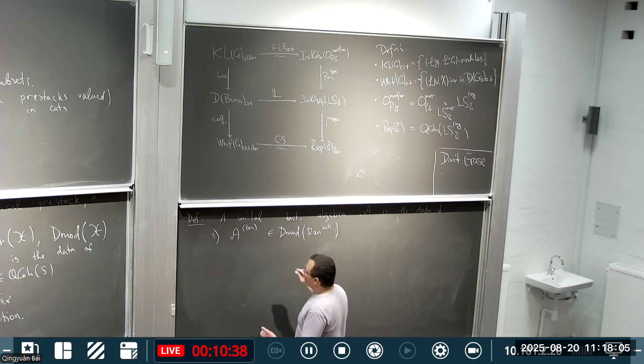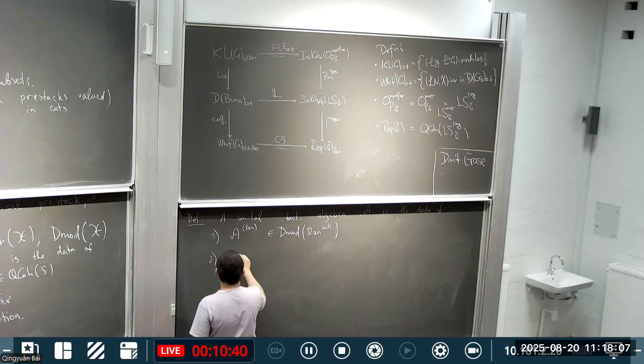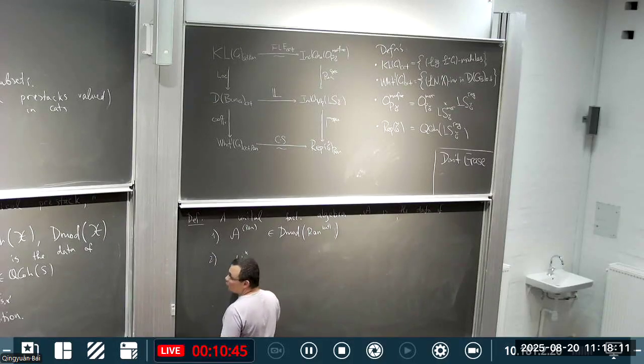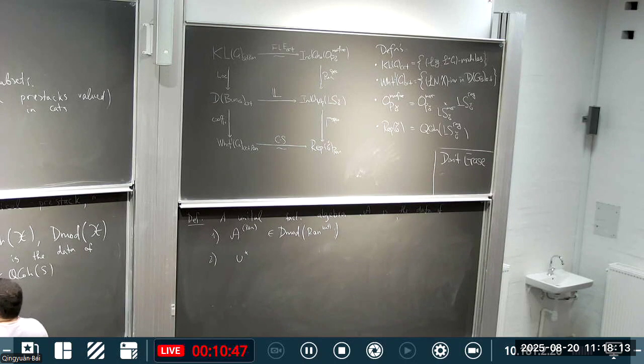So it's a D-module on Ran unital, and also factorization. Maybe I should say, tautologically, on these categories, there are pullback functors along maps, exactly because of how it's defined.